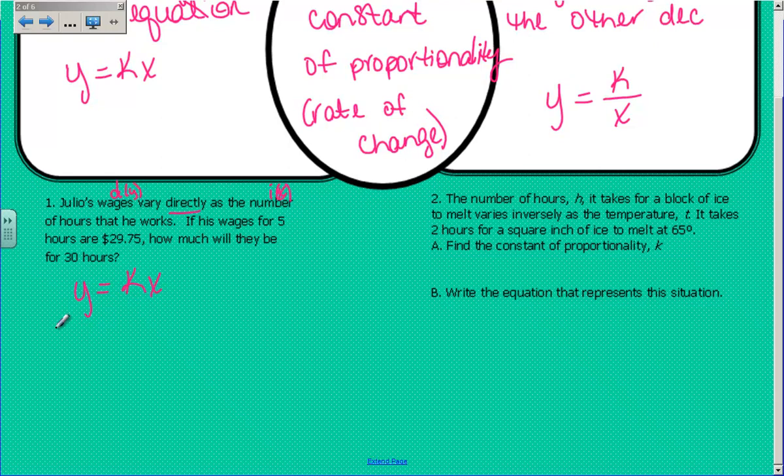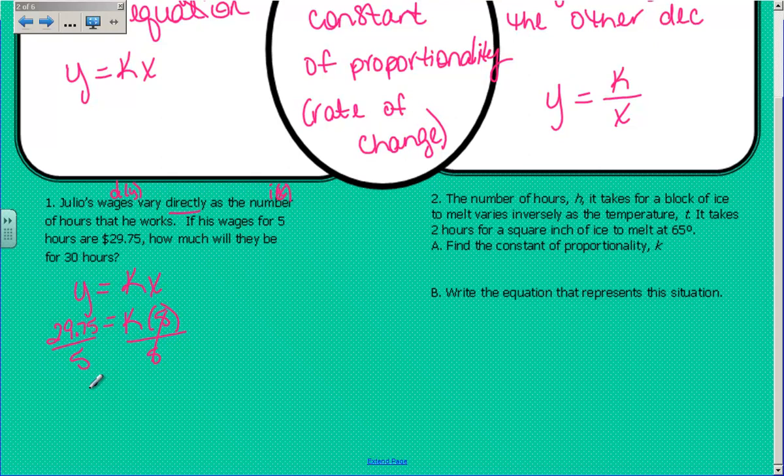So I'm going to plug in what I know. 5 hours is going to be how long he works, and $29.75 is how much he makes. The first thing I'm going to have to do is find out what k is so that I can use it to answer the rest of my question. Well, to get this k by itself, I have to divide by 5. So I'm going to divide by 5 on both sides of my equation, and I get that $29.75 divided by 5 is $5.95.